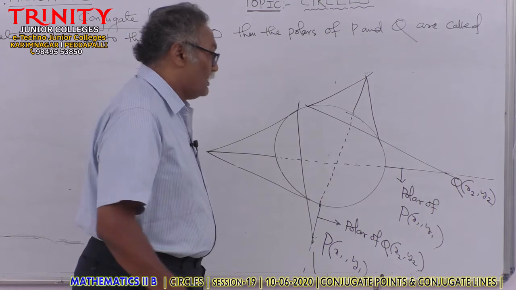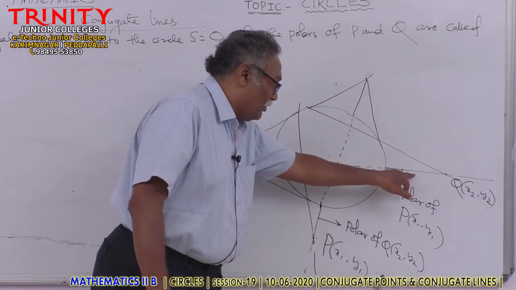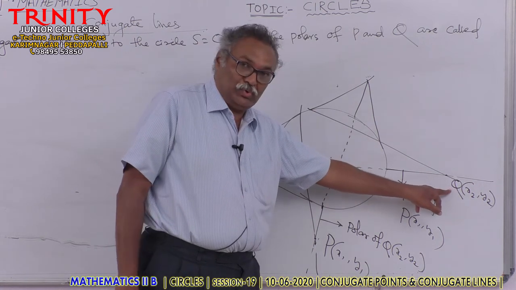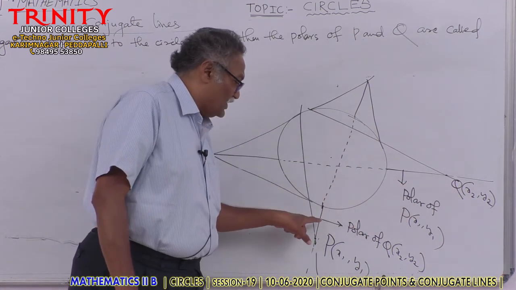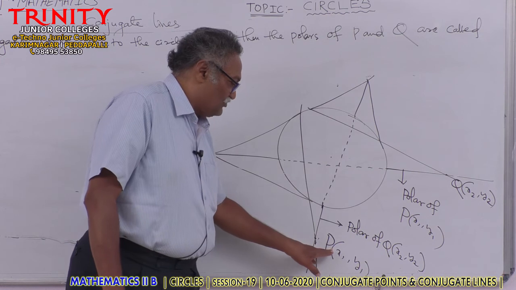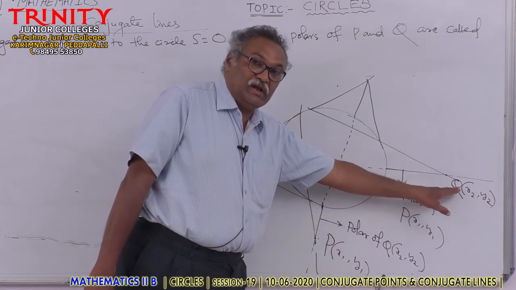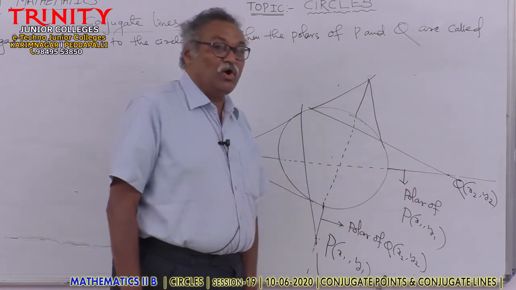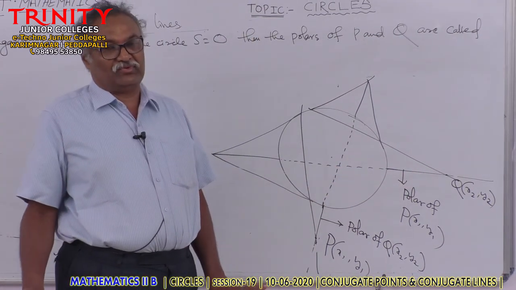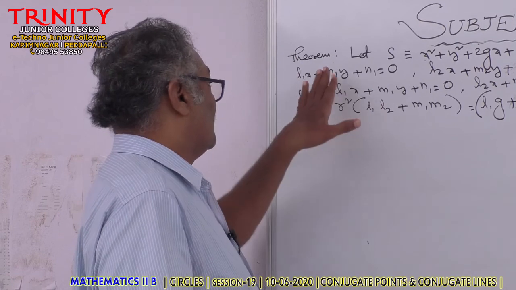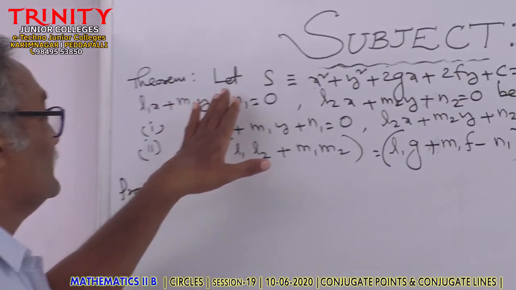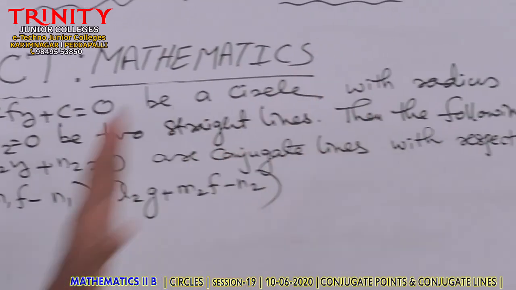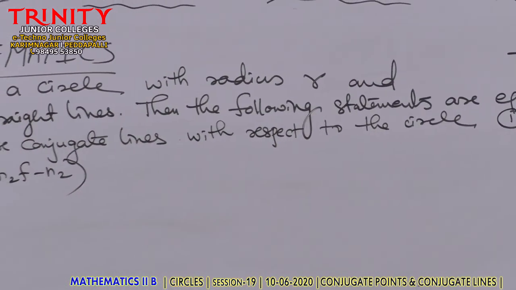It means polar of P is passing through Q and polar of Q is passing through P. These two points are called conjugate points and these two lines are called conjugate lines. That is the concept.